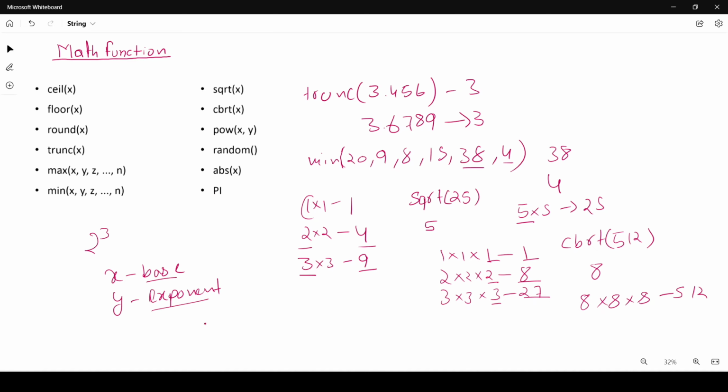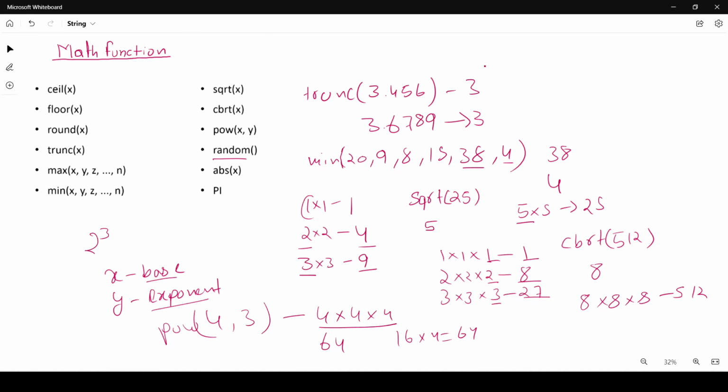Okay, now after that, if we provide 4 comma 3 here in the power function, it will give us 4 into 4 into 4, 3 times, and the answer is 64, because 4 into 4 is 16, 16 into 4 is 64. Okay, now after that we have the random function.